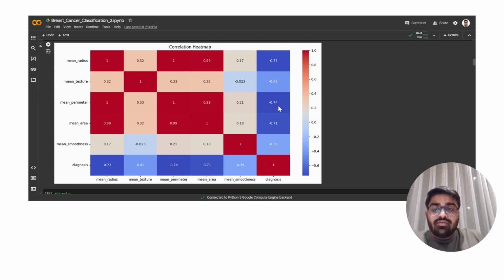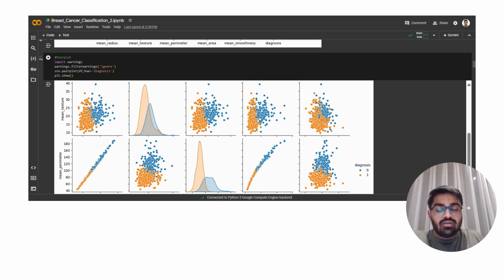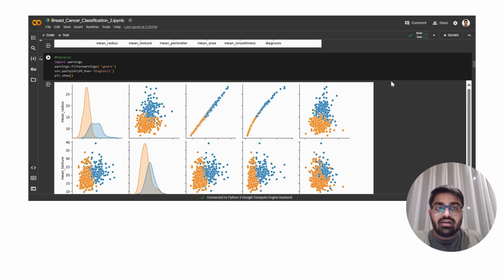And there's some negative correlations too. So like diagnosis with mean perimeter, they have a strong negative correlation, and mean area with respect to diagnosis is also a strong negative correlation along with mean radius as well. So that was the insight we got from that.